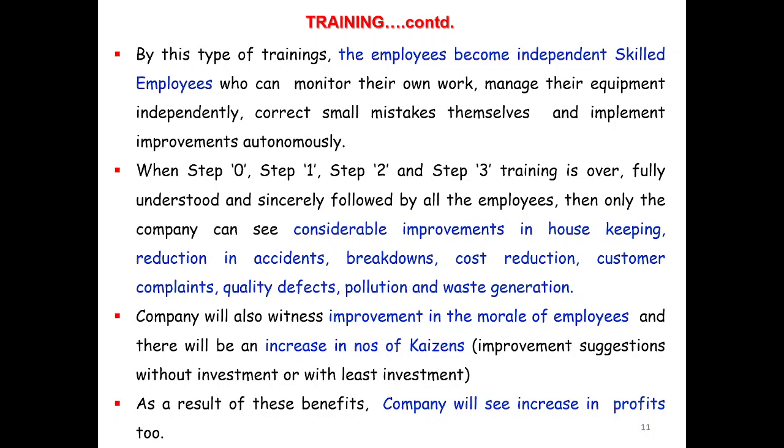When step 0, step 1, step 2 and step 3 training is over, fully understood and sincerely followed by the employees, then only the company can see considerable improvement in housekeeping, reduction in accidents, breakdowns, cost reduction, customer complaints, quality defects, pollution, and waste generation.